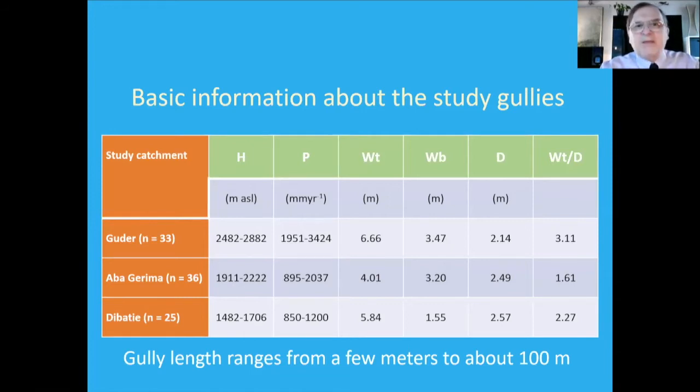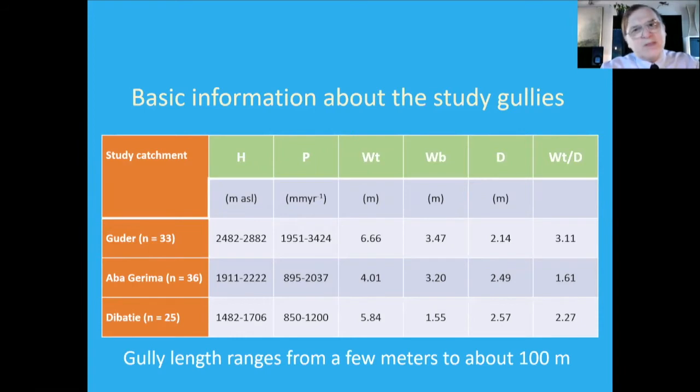Guder has an elevation between 2,400 and 2,800 meters above sea level. Aba Gerima is intermediate, 1,900 to 2,200. And Dibate is the lowland, between 1,500 and 1,700.